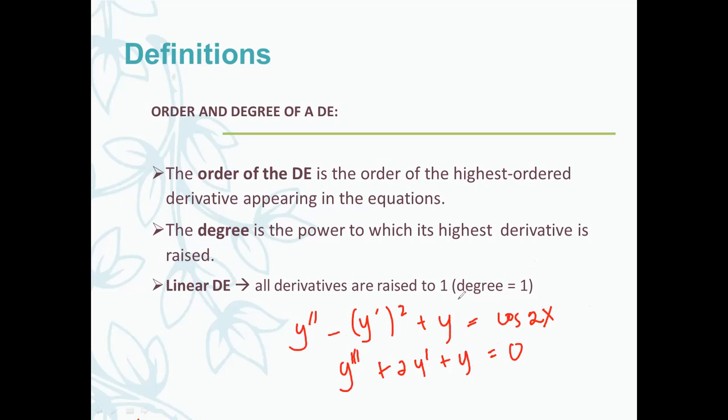If this is 2, this is non-linear. You might say, okay, miss, this is of exponent 1, this is of exponent 1, so it's linear. No, because your unknown function here is raised to 2. So this makes this differential equation non-linear.